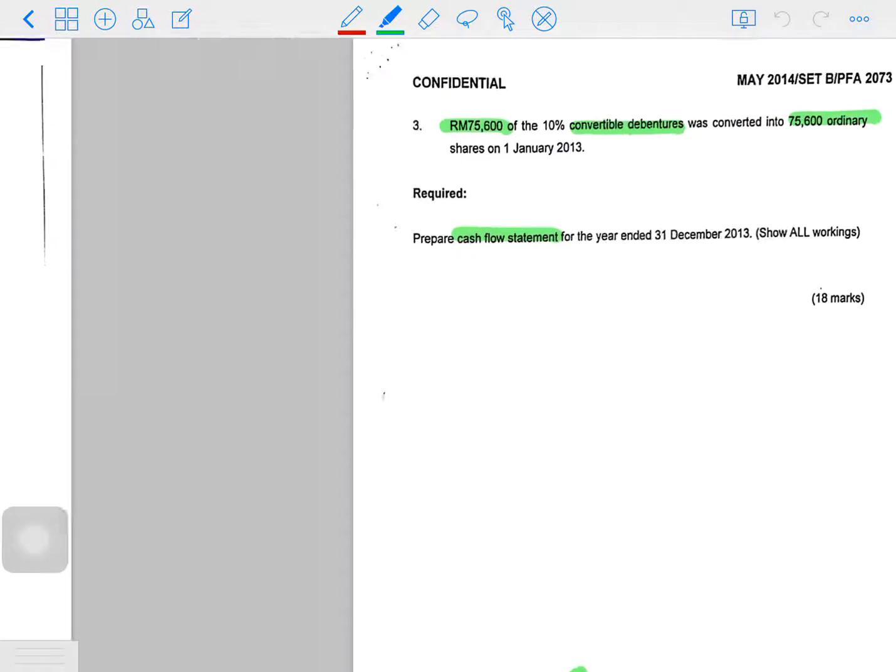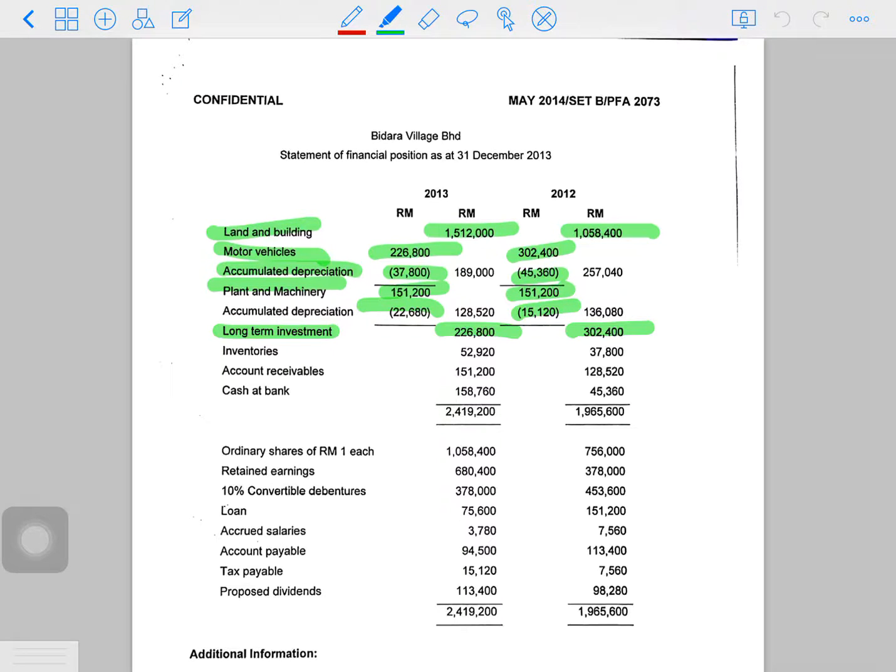Next kita ada inventories. Inventories ni ialah current asset kan. Current asset ni kita akan kira dengan current liability. Account payable, accrued salaries, account payable.